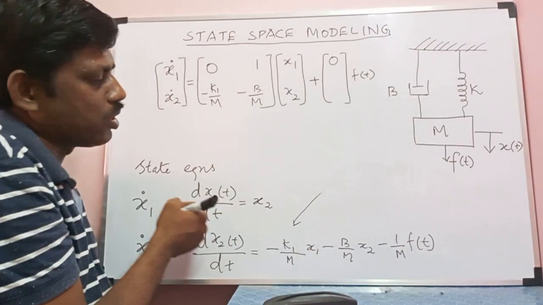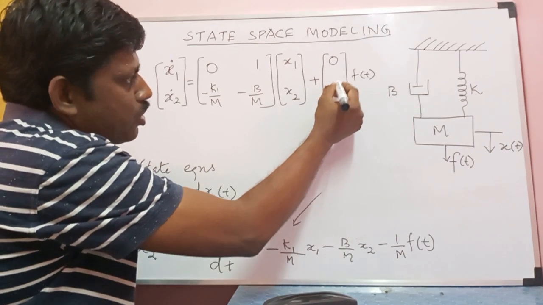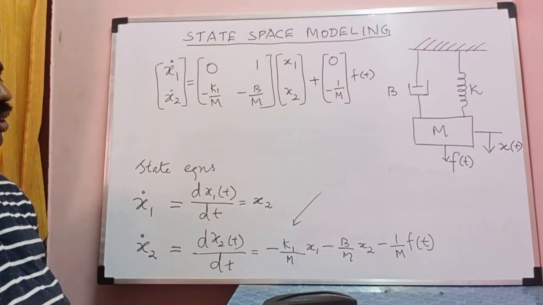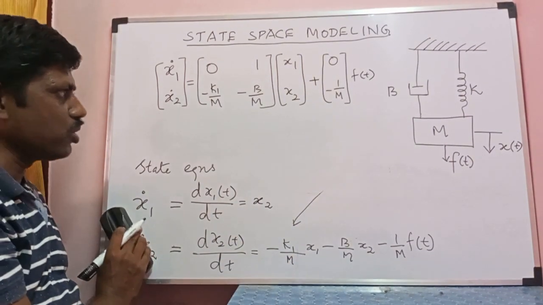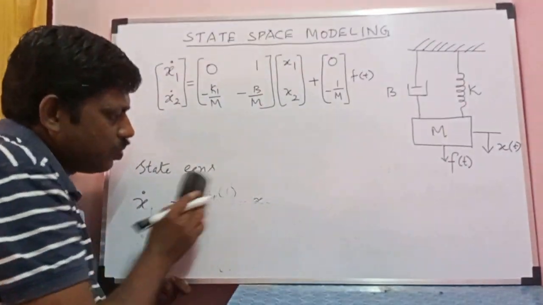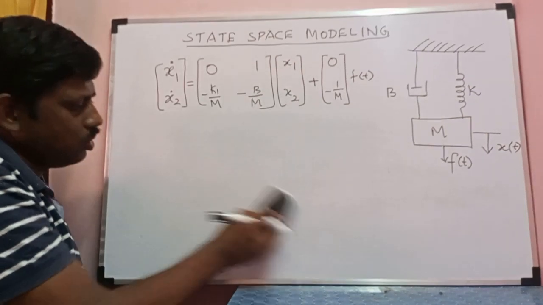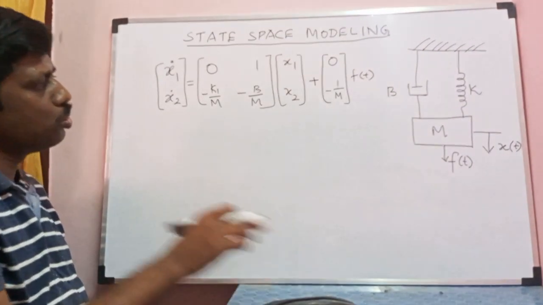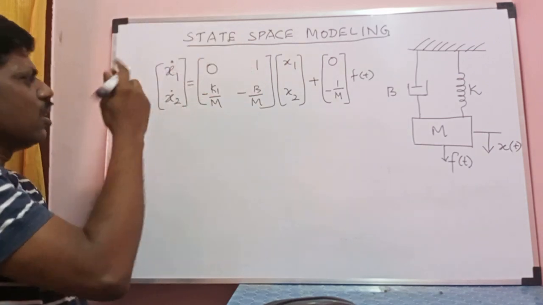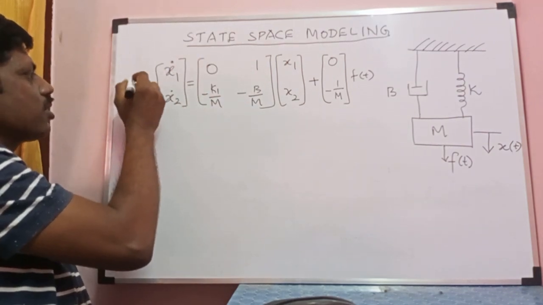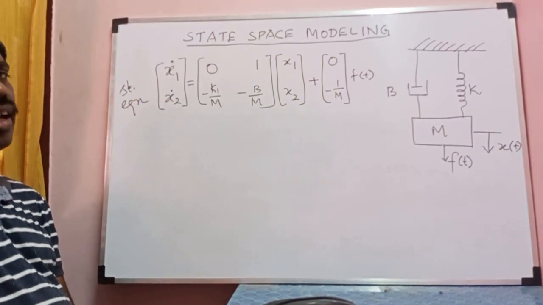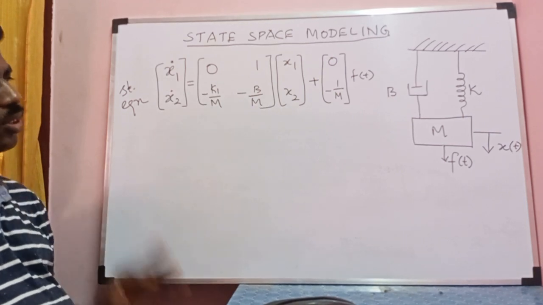The second equation has minus 1 by m as f of t's coefficient. Though I had two state equations, I've represented them as a single matrix equation. Now I will call this the simplified state equation in matrix form.